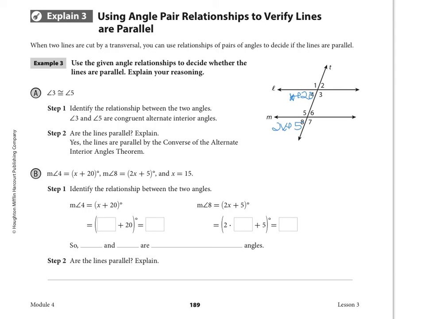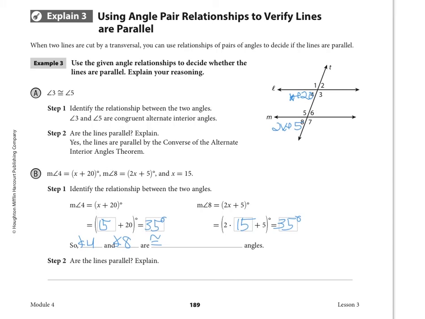So the measure of angle 4 being x plus 20 when x is 15, substituted in, gives us that that's 35 degrees. And the measure of angle 8 when x is 15, substituted in for x, gives us also 35 degrees. So that tells us that angle 4 and angle 8 are congruent, and notice their locations.